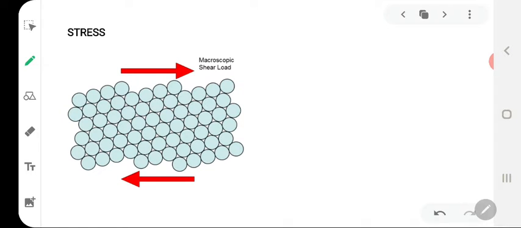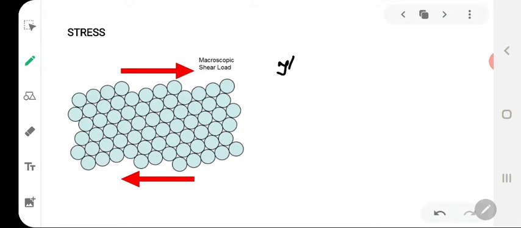Let us now understand a very important concept: stress. If a body gets deformed under the action of an external force, then at each section of the body, an internal force of reaction is set up, which tends to restore the body into its original state.